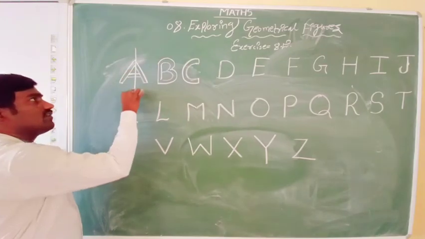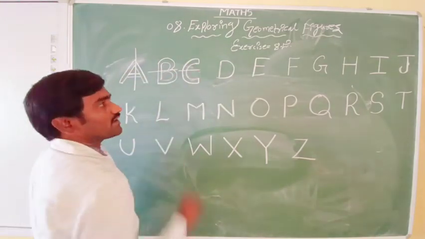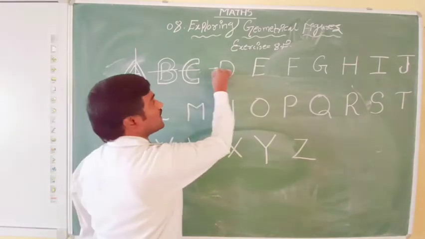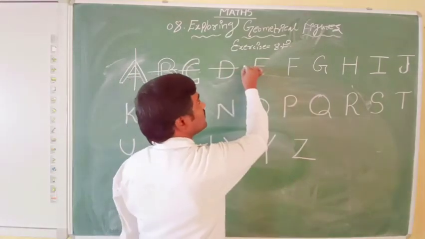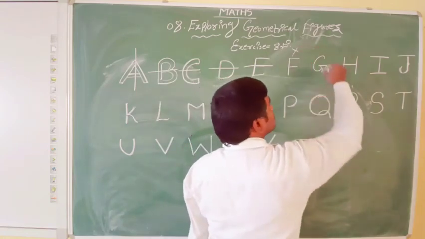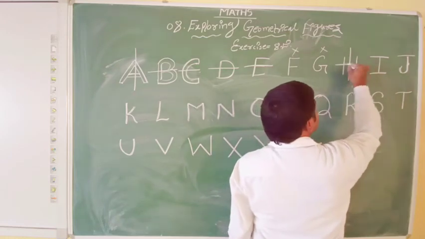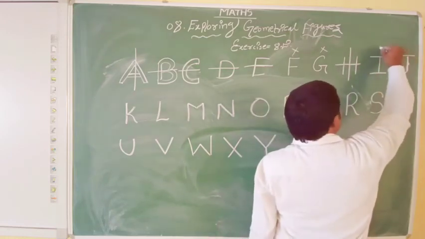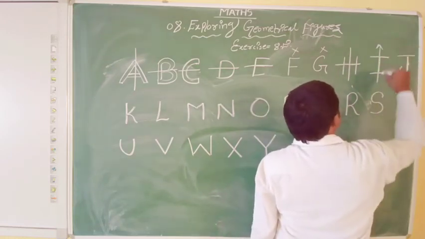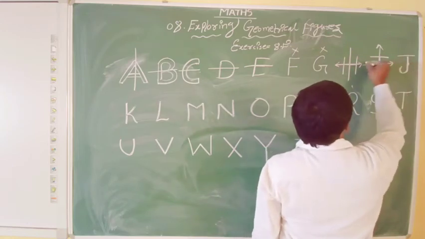Here A has one axis of symmetry, B has one axis of symmetry, and C and D both have one axis of symmetry. E has one axis of symmetry. F has no axis of symmetry. G has no axis of symmetry. H has two axes of symmetry. I also has two axes of symmetry.